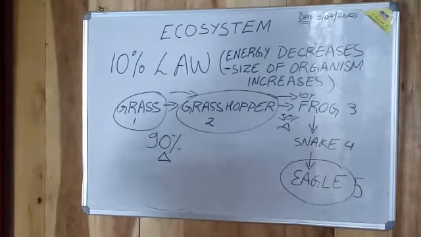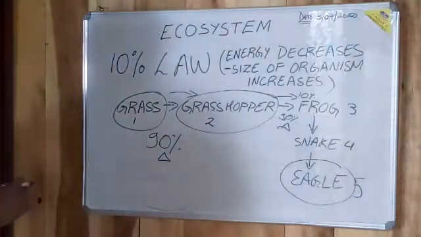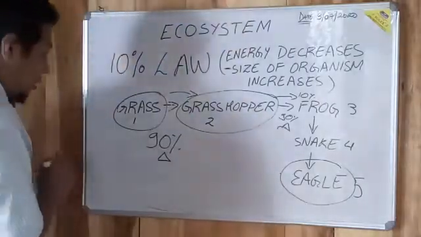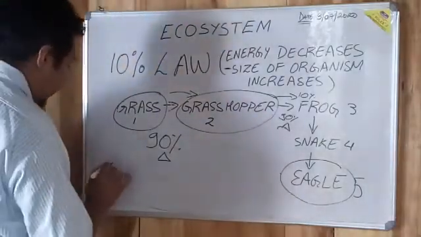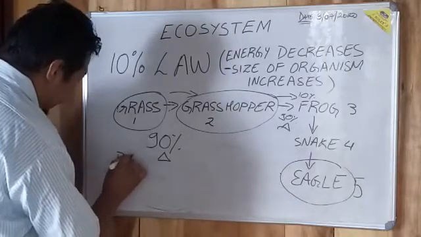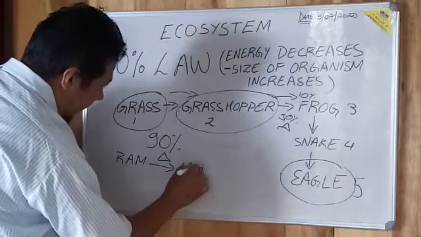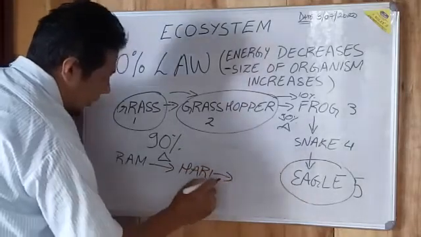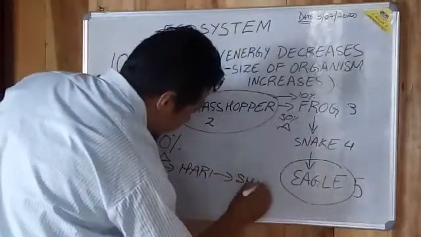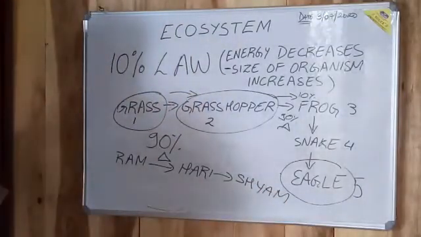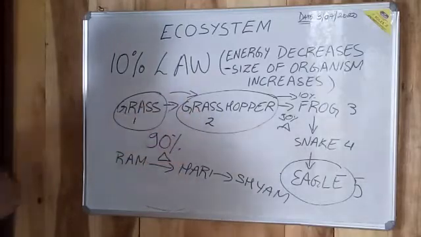It's something like this. If I put around 3 boys here in the group, take for instance Ram, Hari, and Shyam. There are 3 boys in a chain, and suppose this is a food chain.